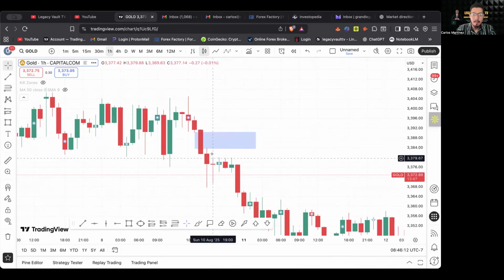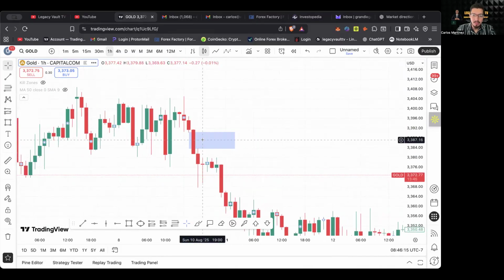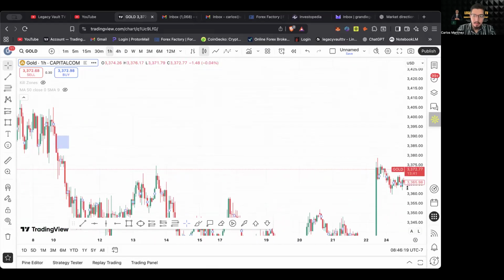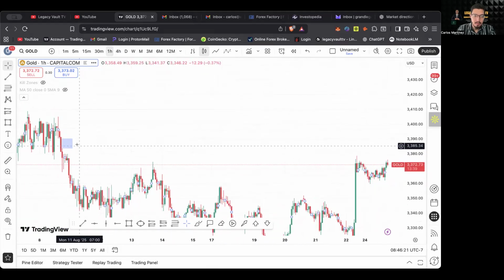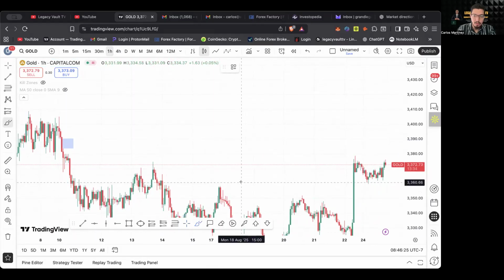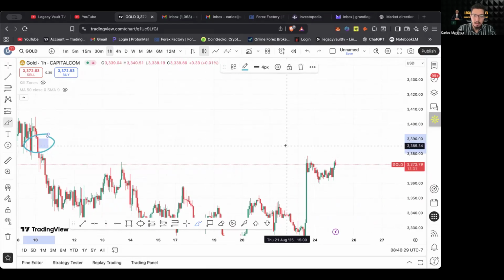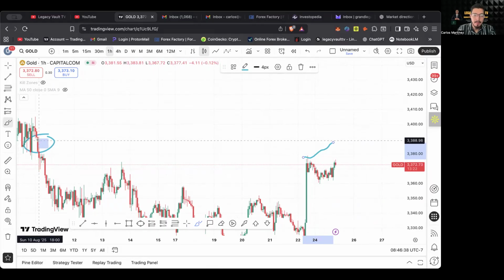Price instead continued to push downward and it hasn't filled this gap yet. You see how price is now trending up. Why? Because we have an imbalance here and price is slowly coming back up to fill this gap, because this was a selling order from the institutions that was left unfilled.